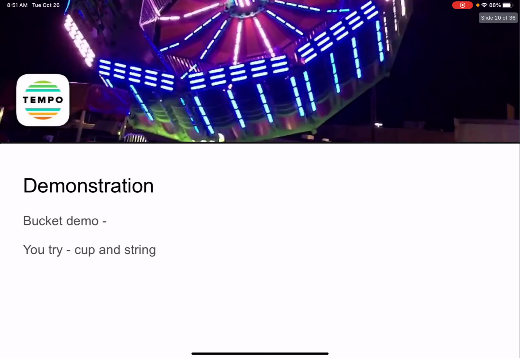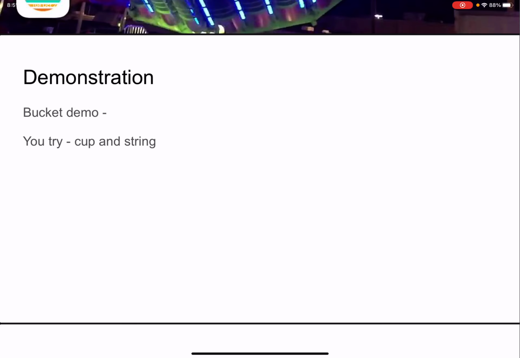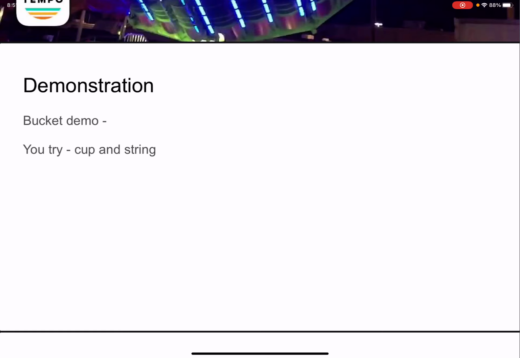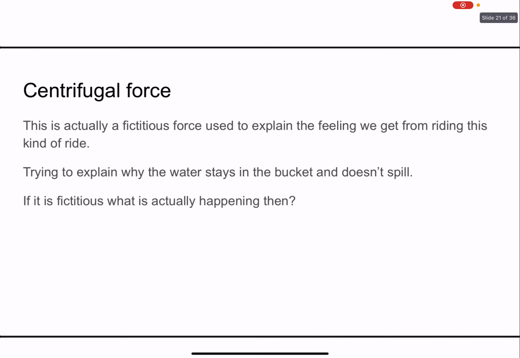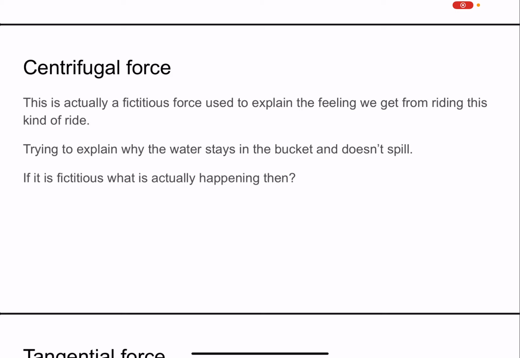That's a fictitious force that people sometimes call centrifugal force. We're going to do a demonstration on Thursday when I get there, and I'll explain that. But it is a fictitious force. People think it's called centrifugal force, and you'll be asked about this. It is a fictitious force, meaning it's not real.